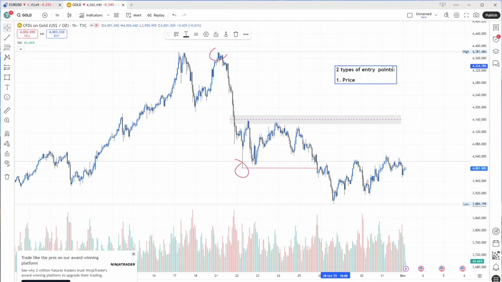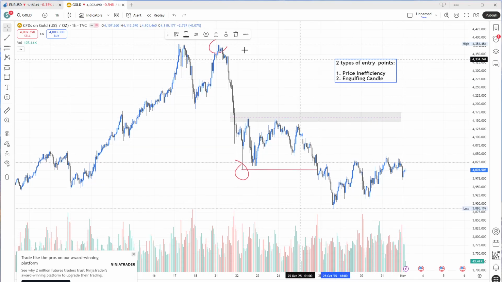One is price. Okay, so right now we have two things that give us a high probability setup, right?